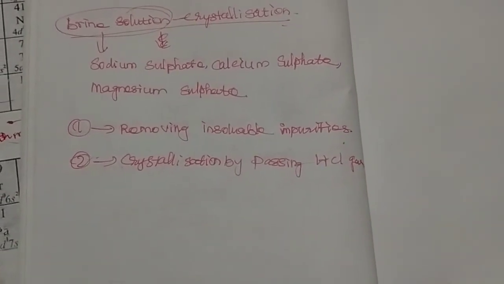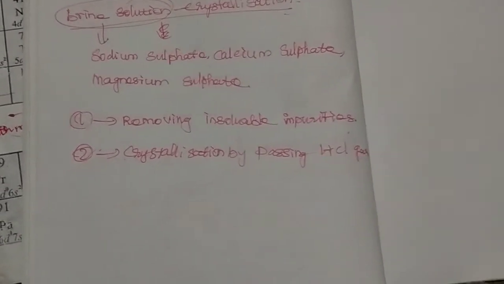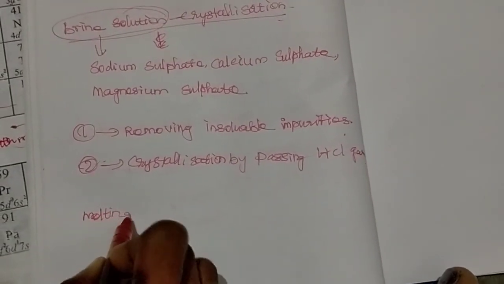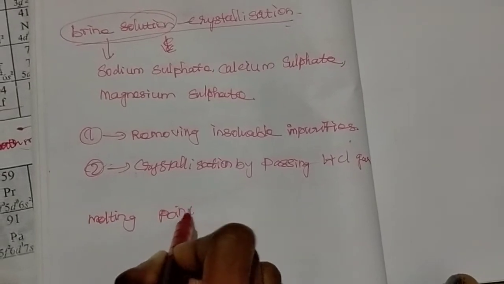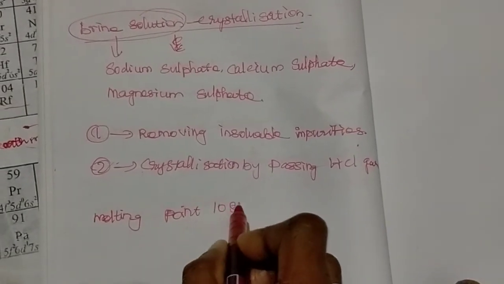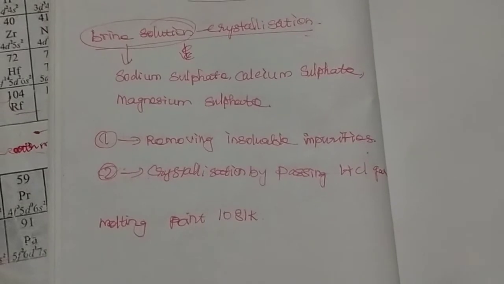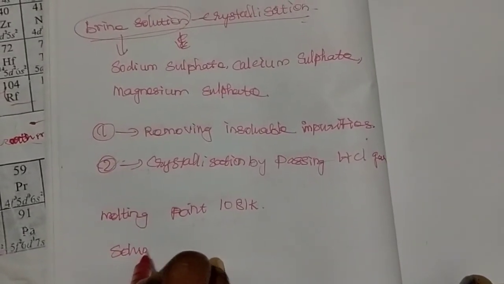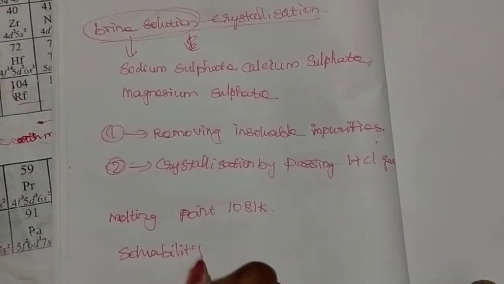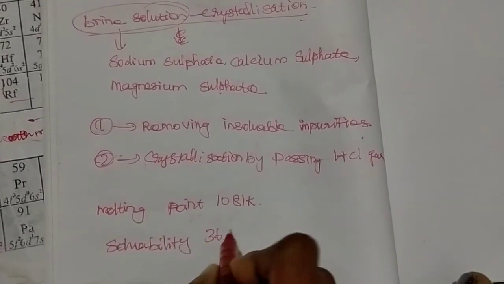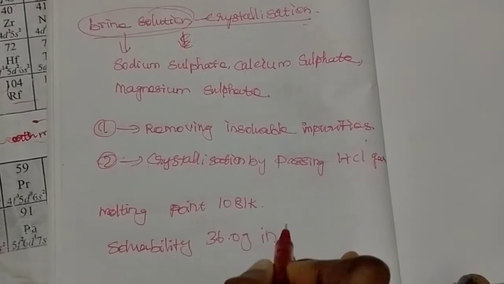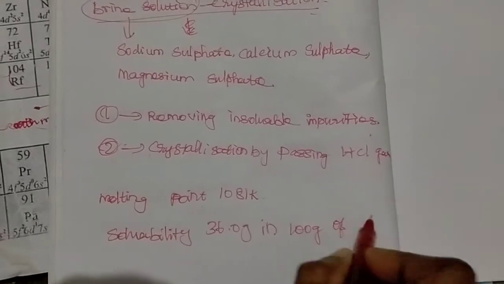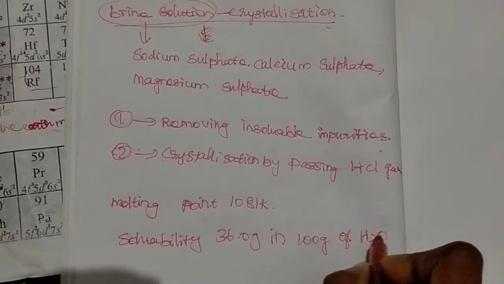Sodium chloride has a melting point of 1081 Kelvin, and it has a solubility of 36 gram in 100 gram of water.